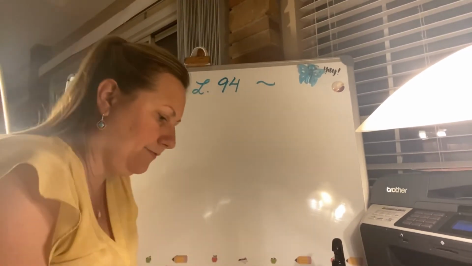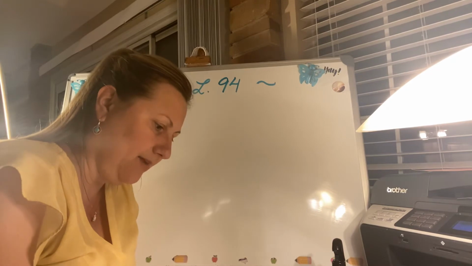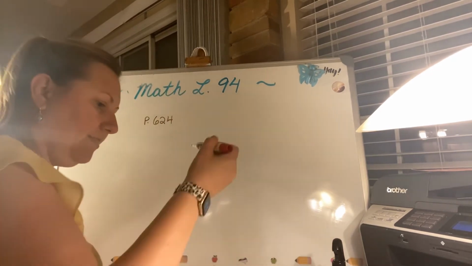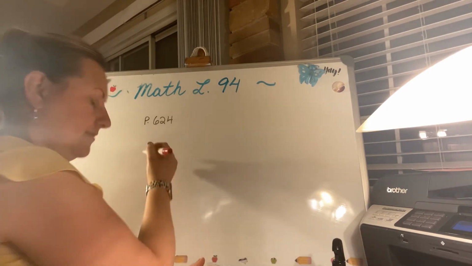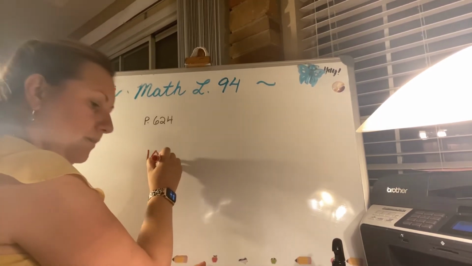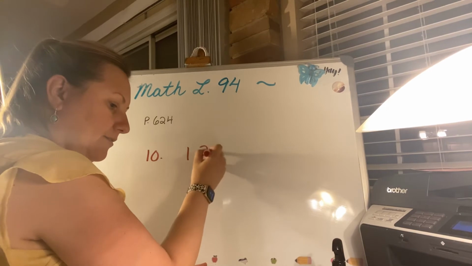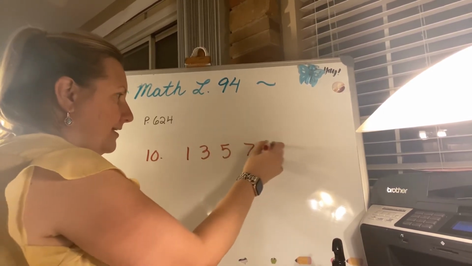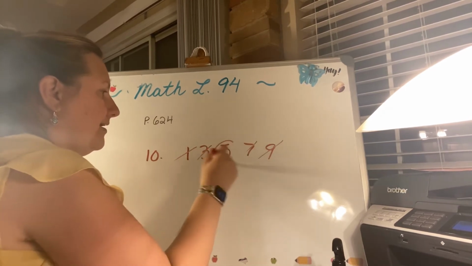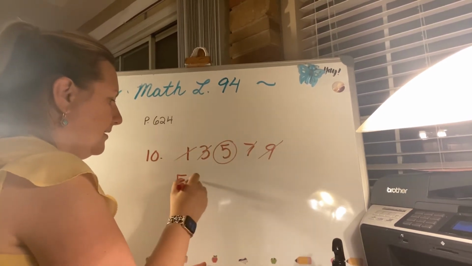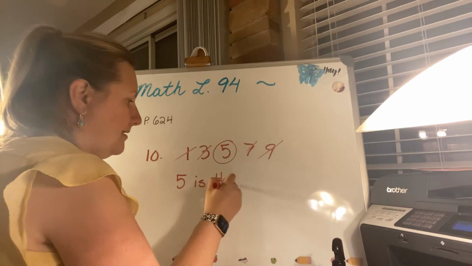Number 10 says the first 5 odd counting numbers are 1, 3, 5, 7, and 9. Find the median of these 5 numbers. So the middle number of 1, 3, 5, 7, 9. Cross out the last 2, cross out that, and 5 is the median number.